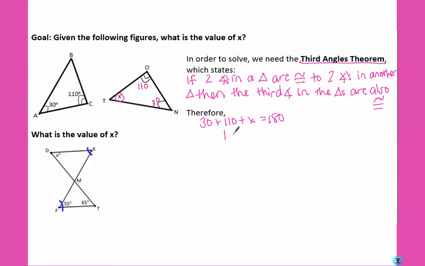So if we simplify and solve, we know that x must be 40 degrees.